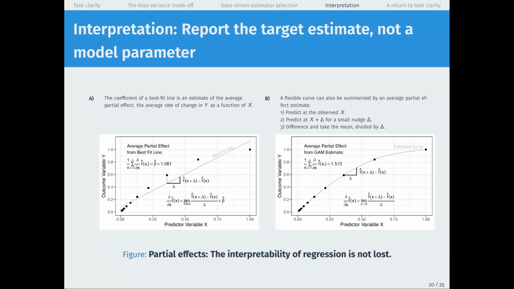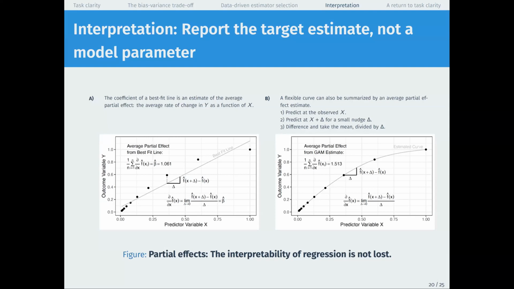And so in the limit as delta goes to 0, we could do that for every one of these data points here. And because this estimator has assumed a line, the answer is actually quite simple. So it ends up being that the change in y per change in x is always beta hat at any point along the line. And thus the average is also beta hat.